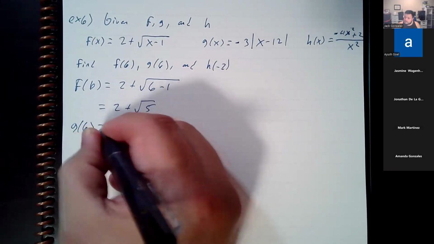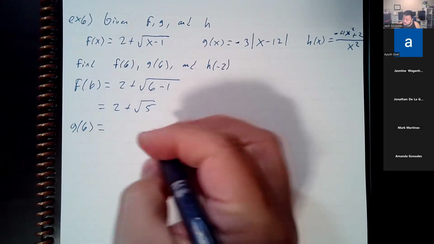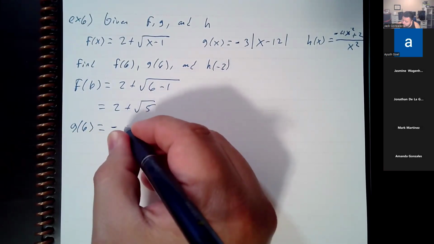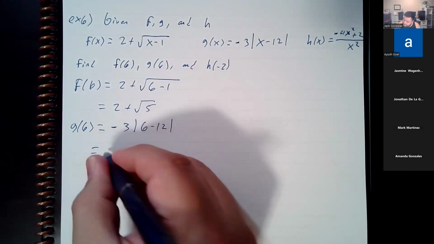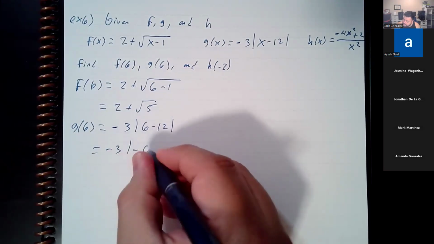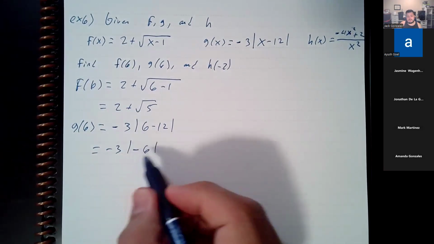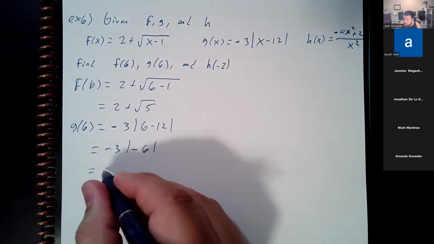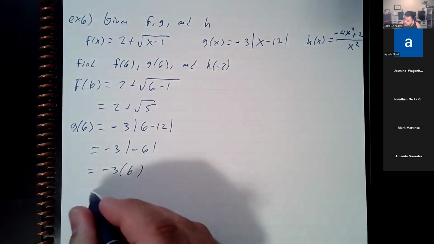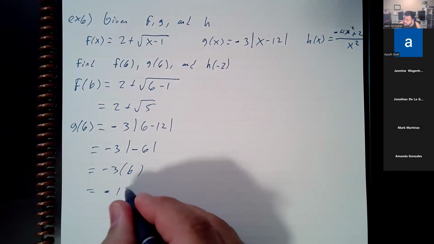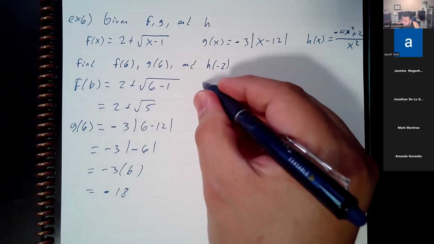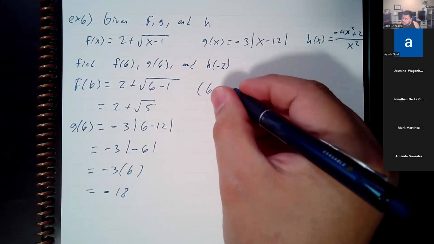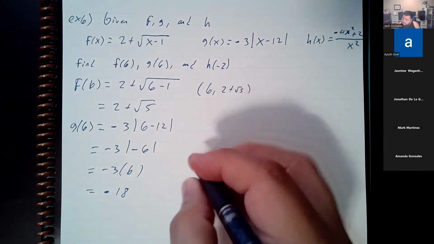g of 6 means plug in the 6 for this function. That becomes negative 6. Absolute value means whatever's in there must come out positive. Multiplied by a negative makes it negative again. That'll be the output. And then if they ask, this is the point 6 comma 2 plus root 5, whatever that is.